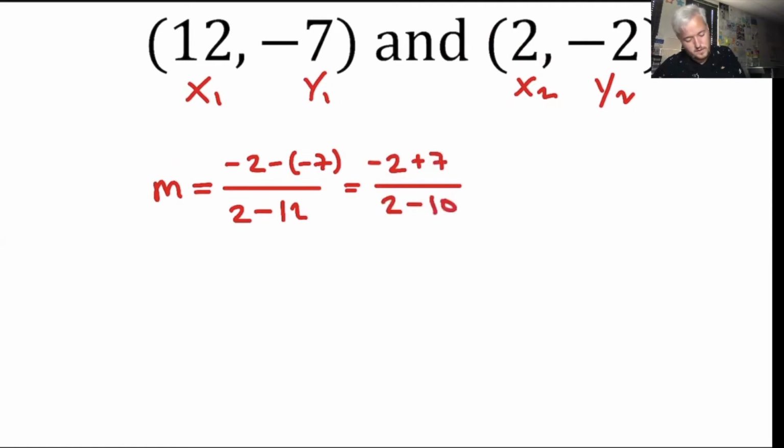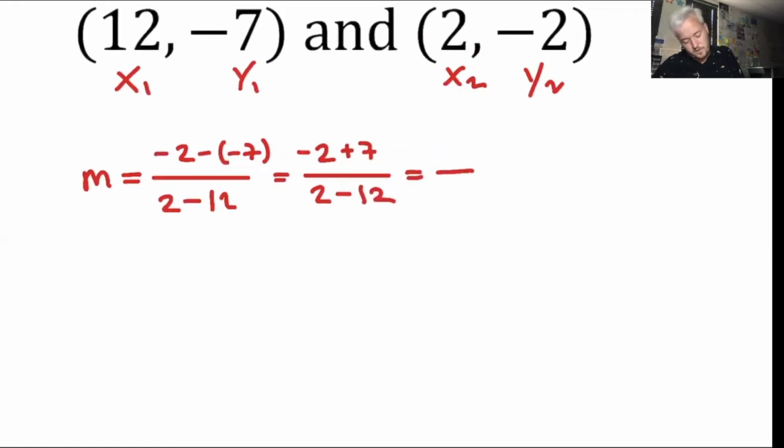Over 2 minus 12. So -2 plus 7 is going to give you +5, and then 2 minus 12 gives you -10. So when you simplify, this turns into -1/2.